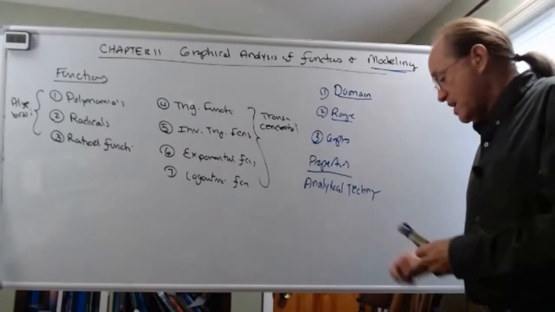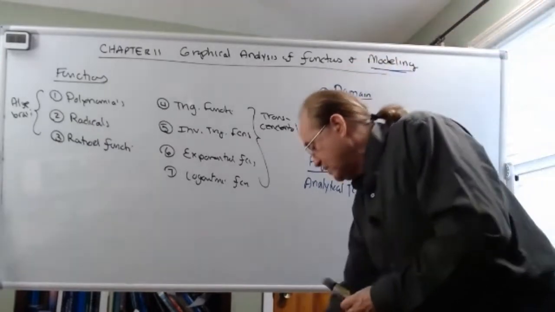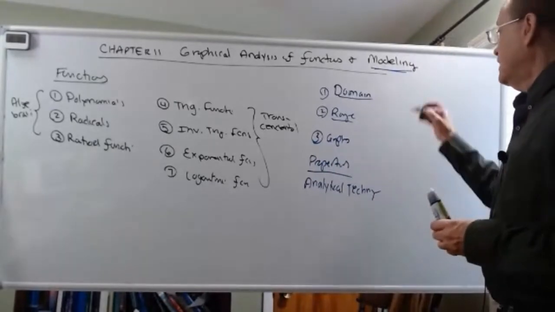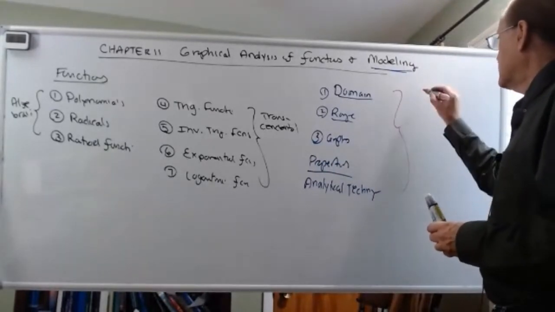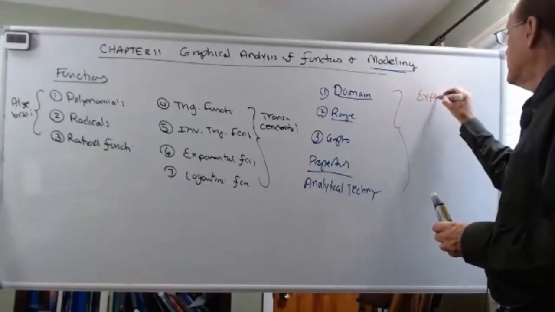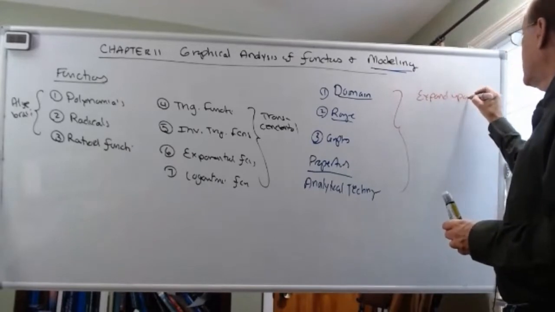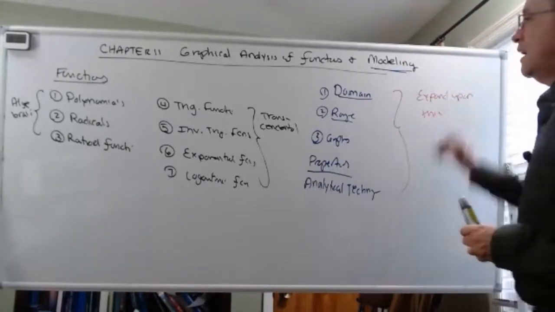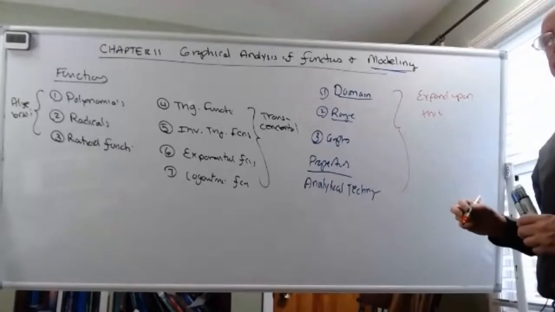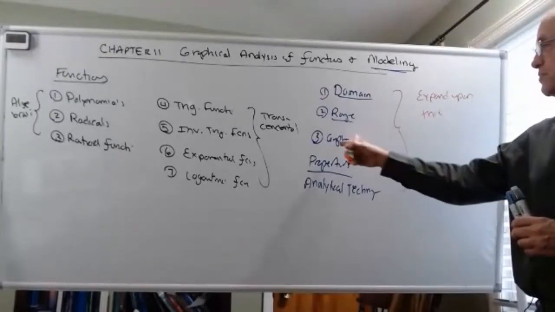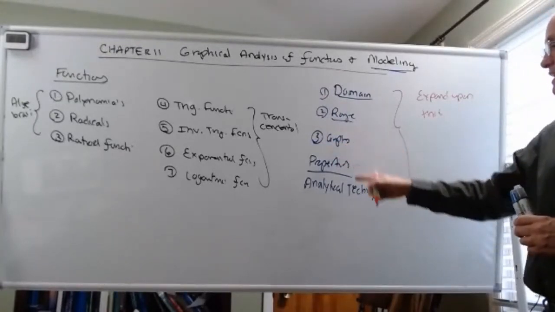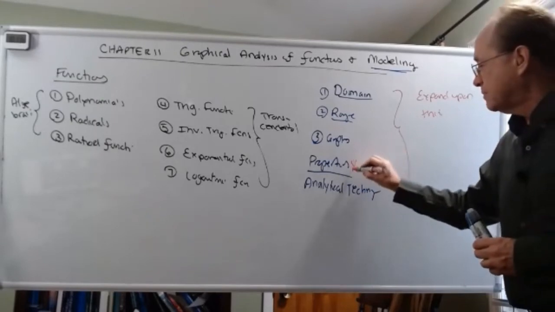So we're going to now take this and, in chapter 11, expand upon this. And look at each of the different types of functions, look at more of their properties that pertain to their graphs. We're going to detail it down to more properties.